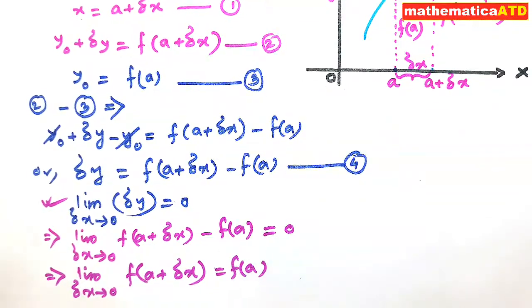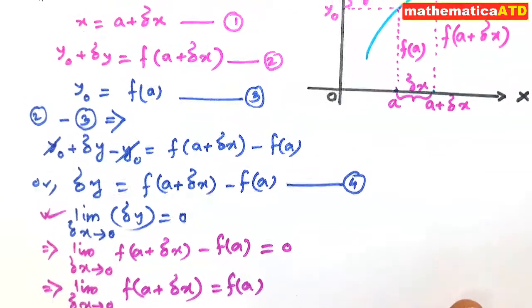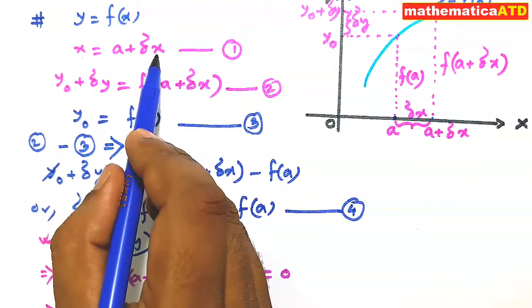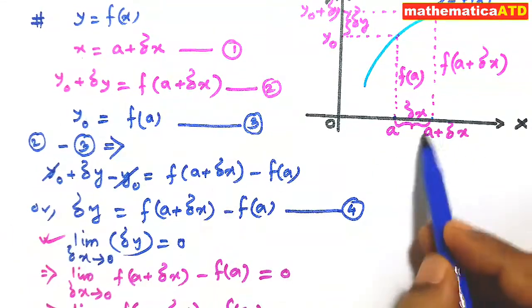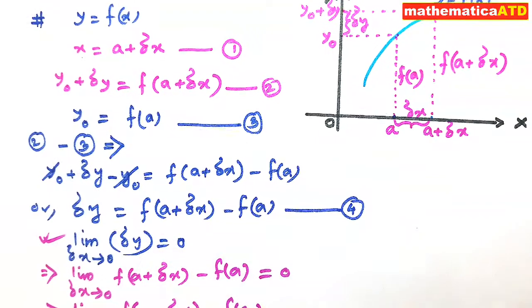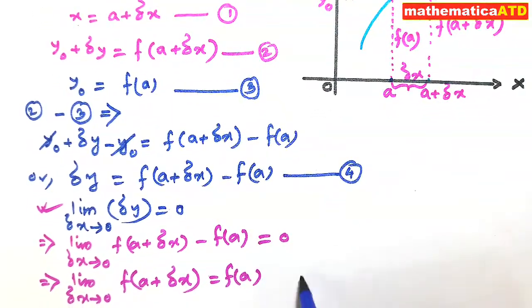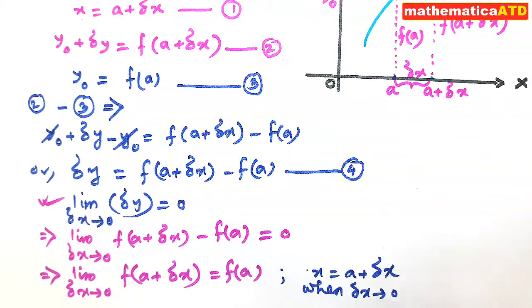Now at the earlier point we considered in equation 1 that x is equal to a plus delta x, incremented point, a plus delta x. Now when delta x is tending to 0, since x is equal to a plus delta x, obviously x is tending to a.